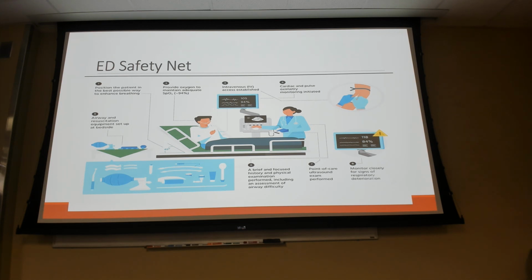Do most patients need oxygen? Probably not, but this is our safety net. If we think somebody's super sick or unstable in their vitals, these are the first things we do, our ED safety net. So put on your hats and pretend you're an emergency medicine PA. If they're unstable or super sick in any way, we do an IV, O2, monitor. It's our safety net.